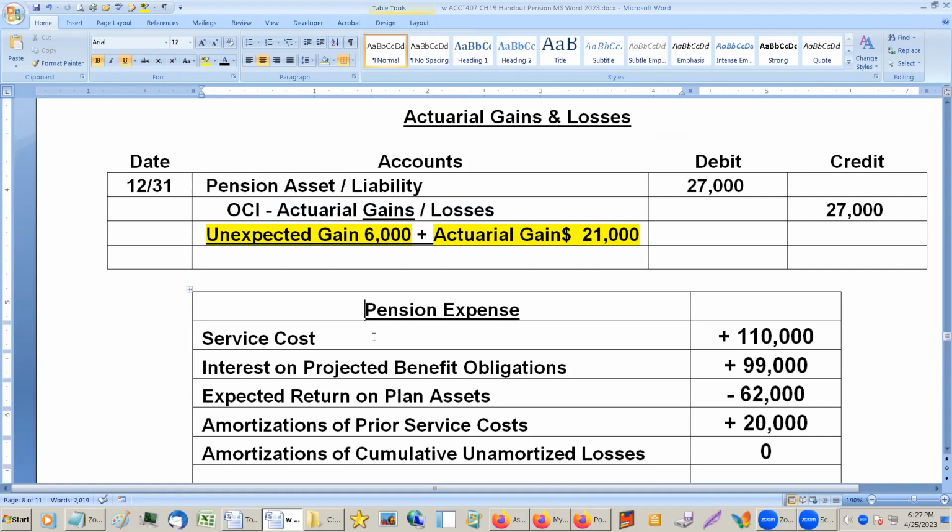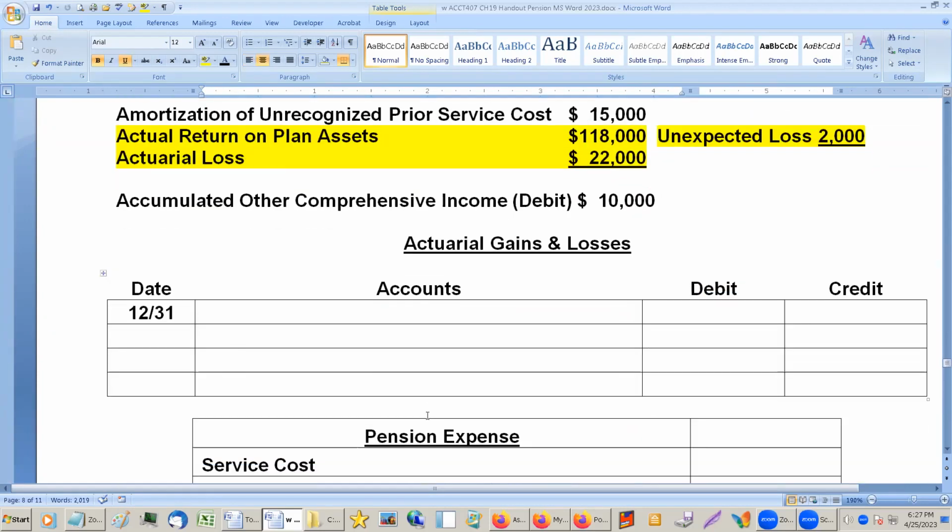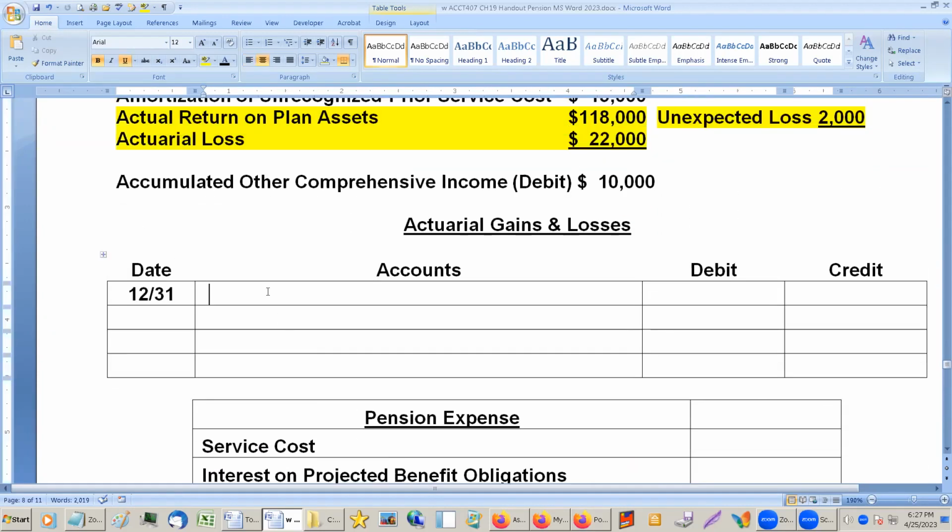And then the pension asset liability will be the credit side, which is a liability, basically.